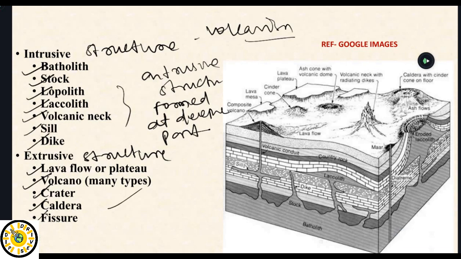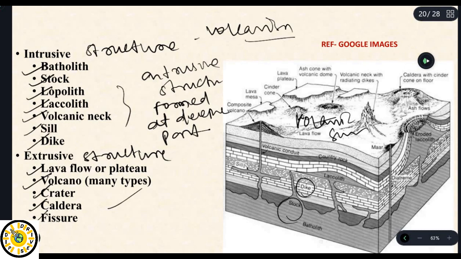ठीक है? So as you can see from this image, there would be the lava flow. So this is the volcanic part. You'll find it in the surficial environment. So in this part you will find the stock, there will be the dike intrusion, laccolith will be there, and some of the batholith will be there. Okay?